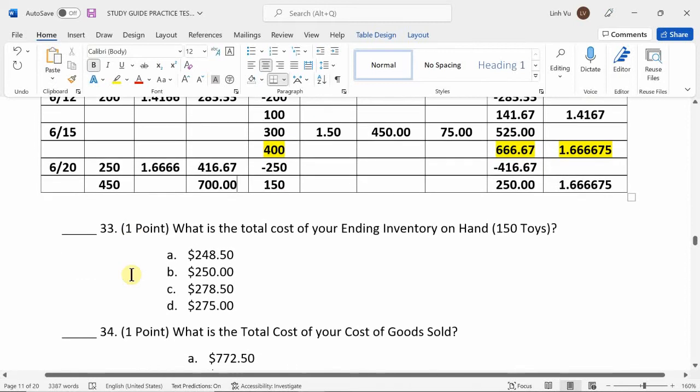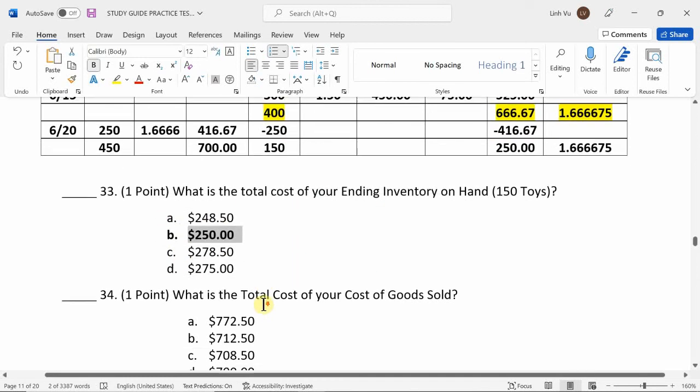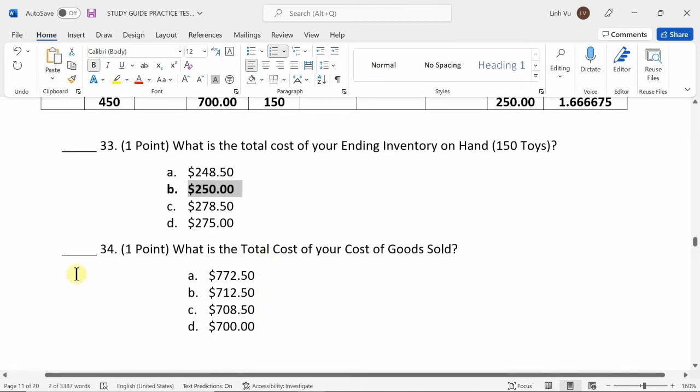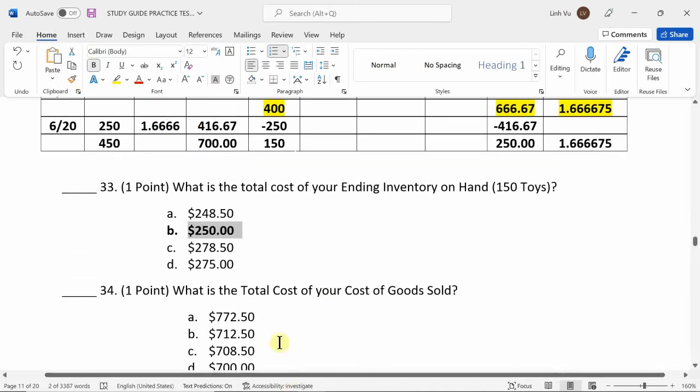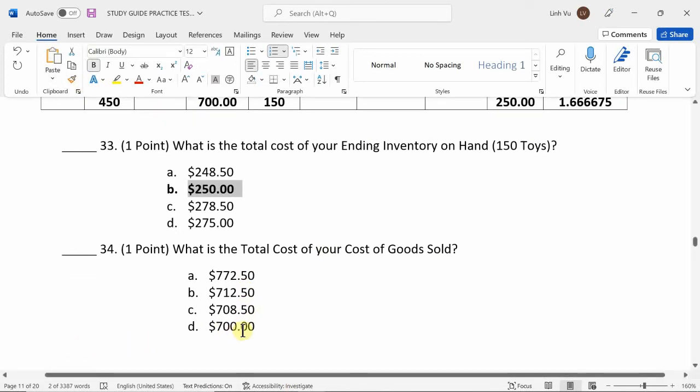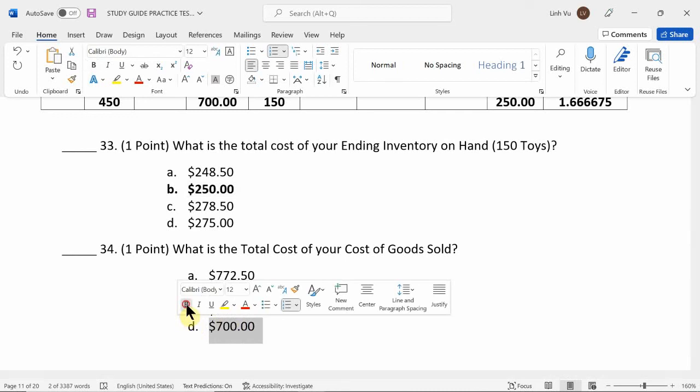So, answer the questions. What is the total cost of your ending inventory? We already solved for 150. It's going to give us a total of 250. D. Yep. And then number 34, what was the total cost of your cost of goods sold, which we were to solve was 700. Yes.